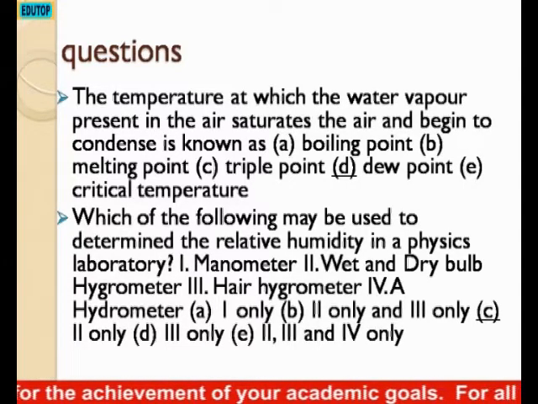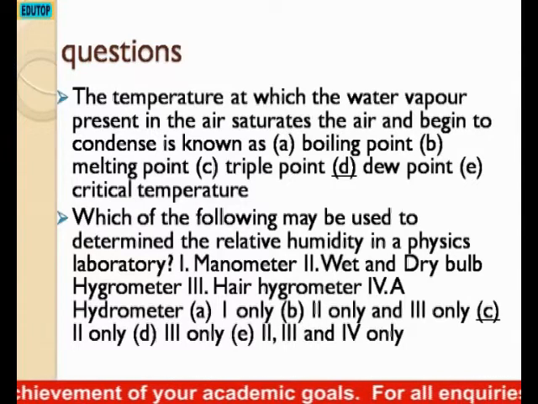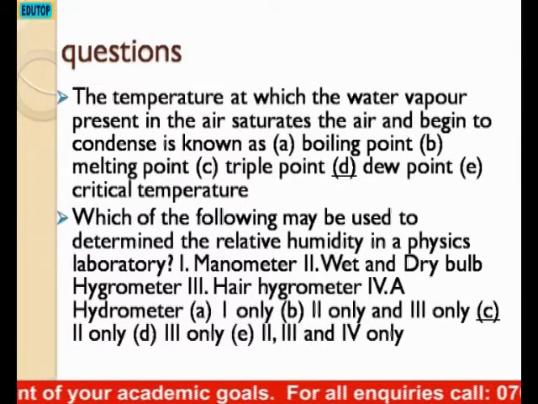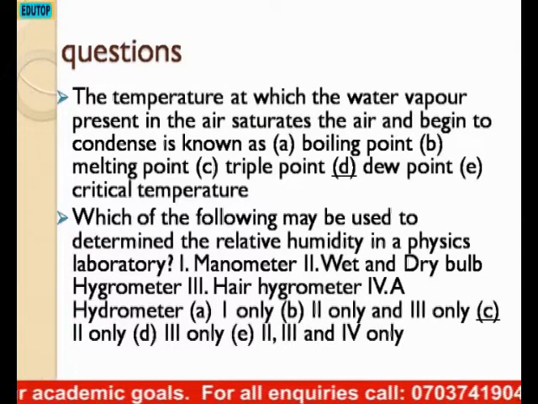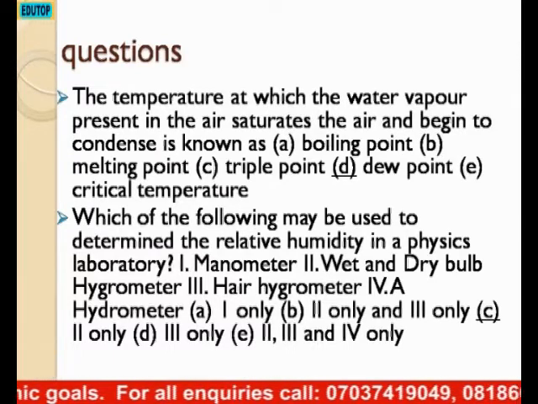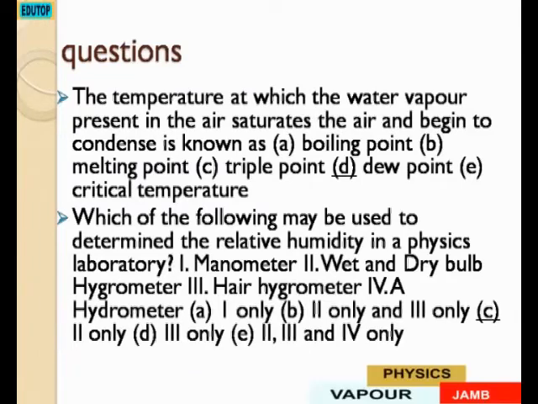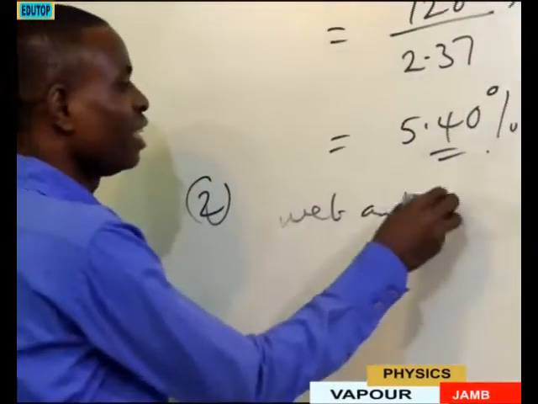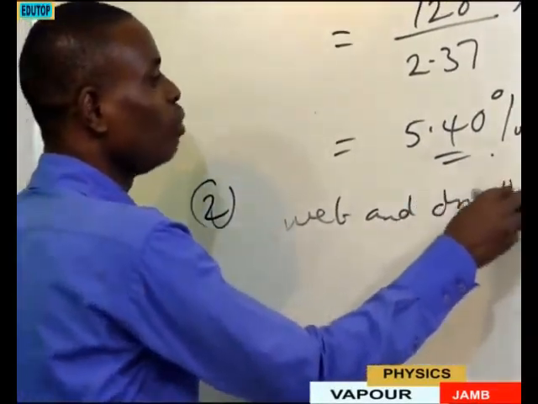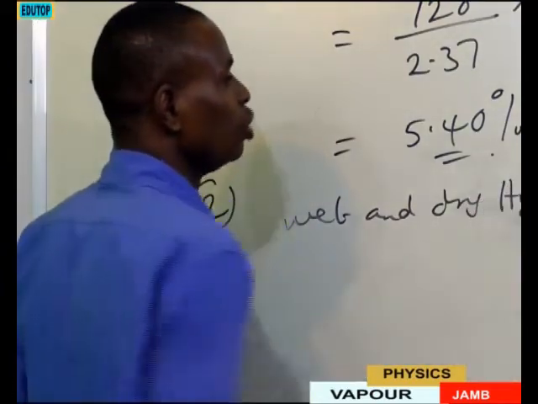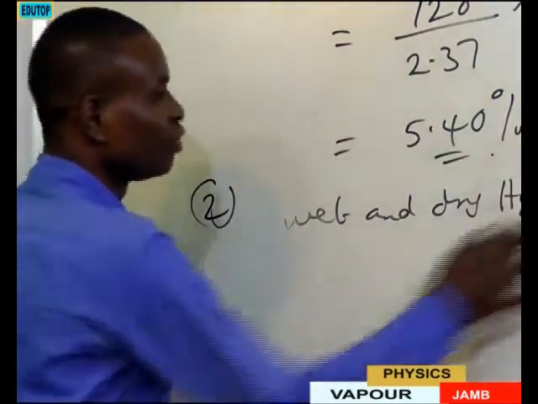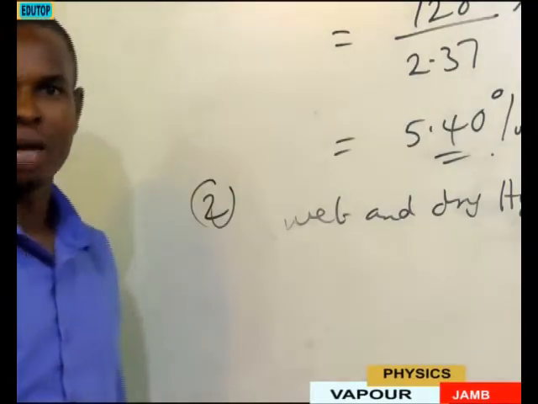Another question says, which of the following may be used to determine the relative humidity in a physics laboratory? As I have said the other time, we have the wet and dry bulb hygrometer. That is the instrument we use to measure the relative humidity in the physics laboratory.